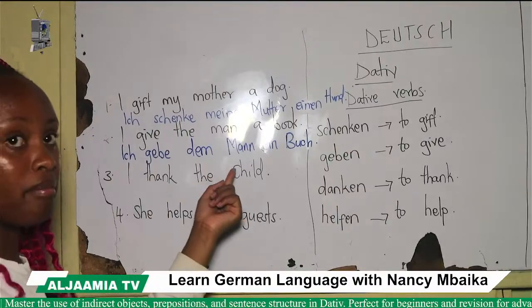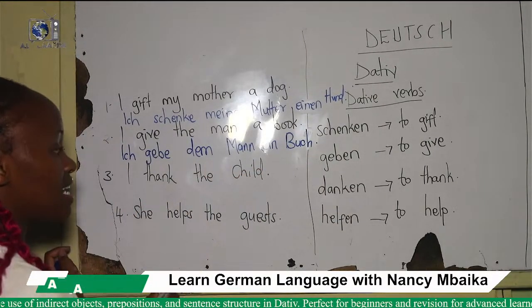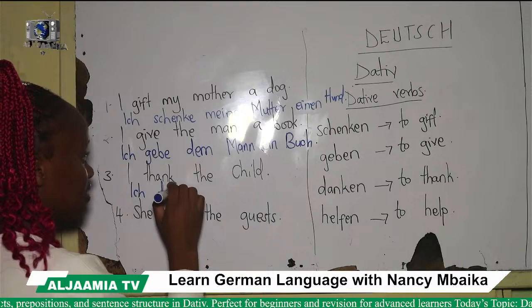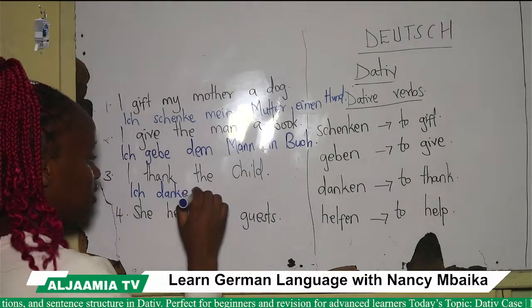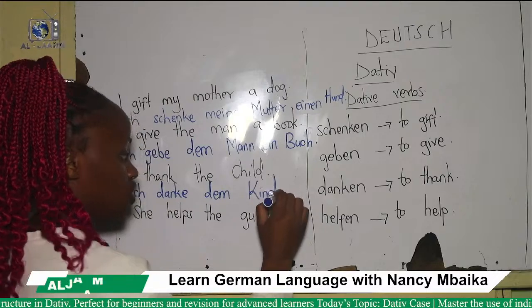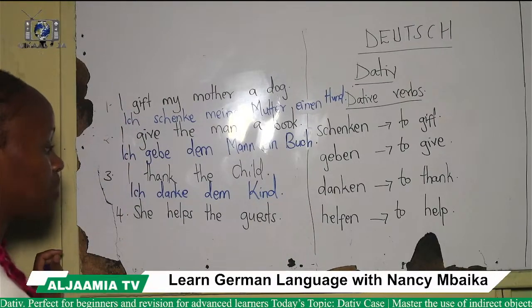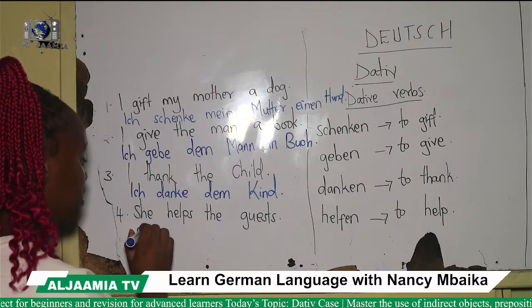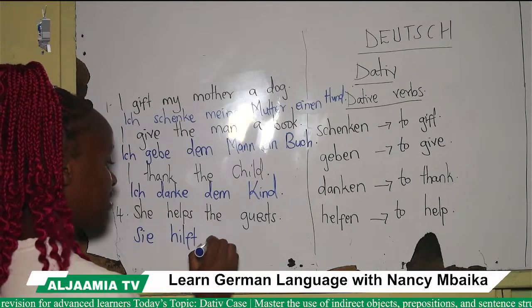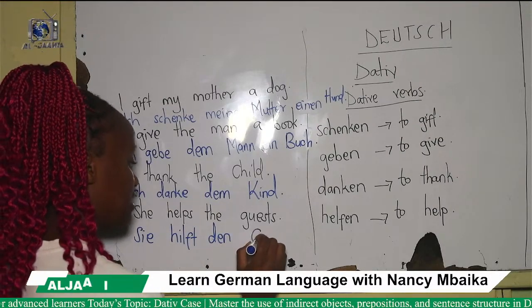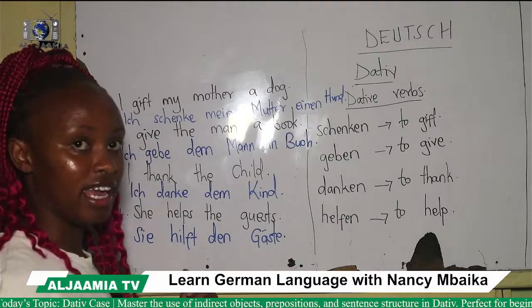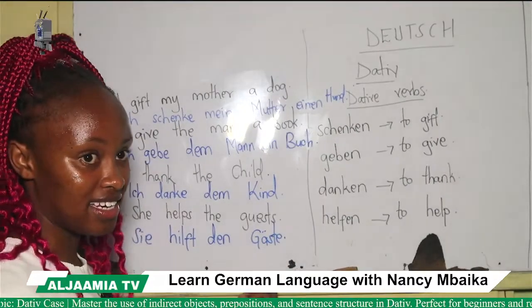Ich gebe dem Mann ein Buch. I thank the child. Ich danke dem Kind. She helps the guests. Sie hilft den Gästen. So, sie hilft den Gästen.